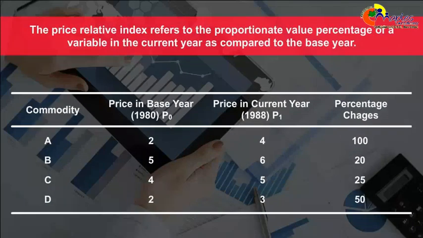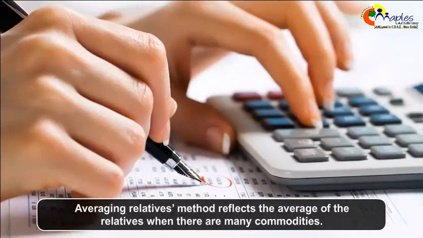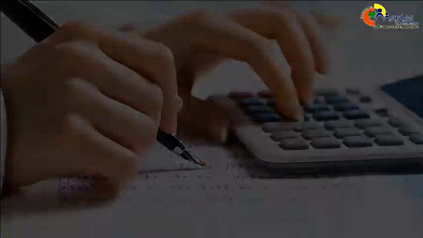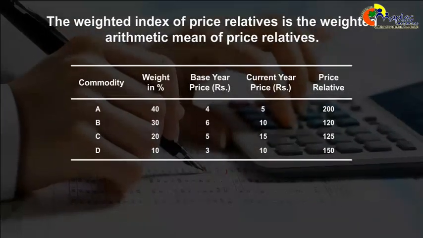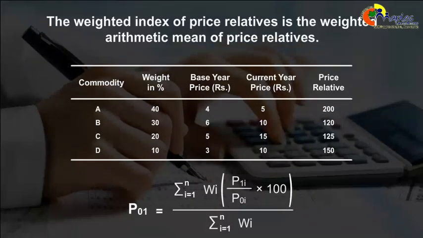The price relative index refers to the proportionate value percentage of a variable in the current year as compared to the base year. The averaging relatives method reflects the average of the relatives when there are many commodities. The weighted index of price relatives is the weighted arithmetic mean of price relatives.